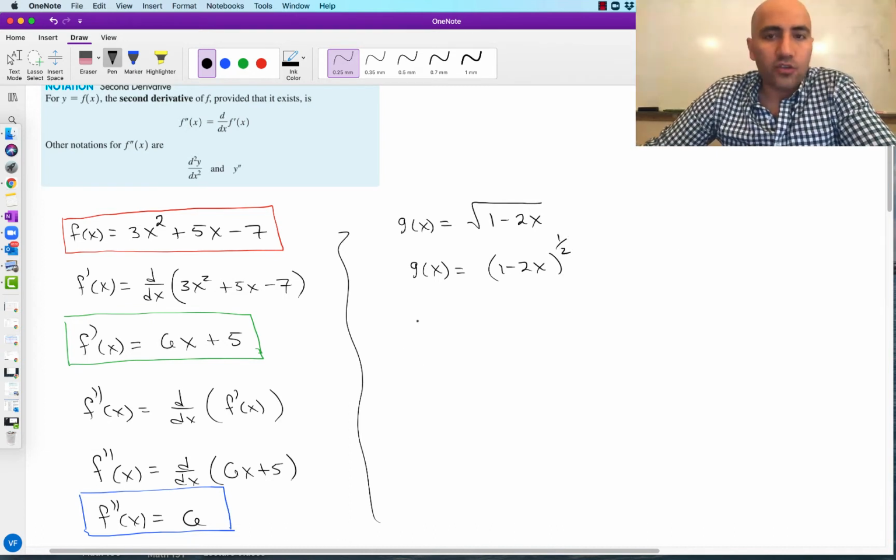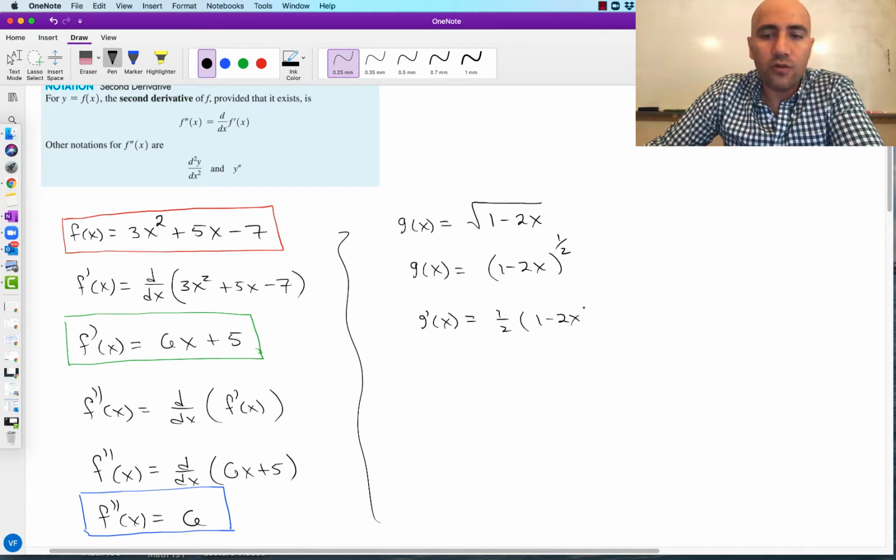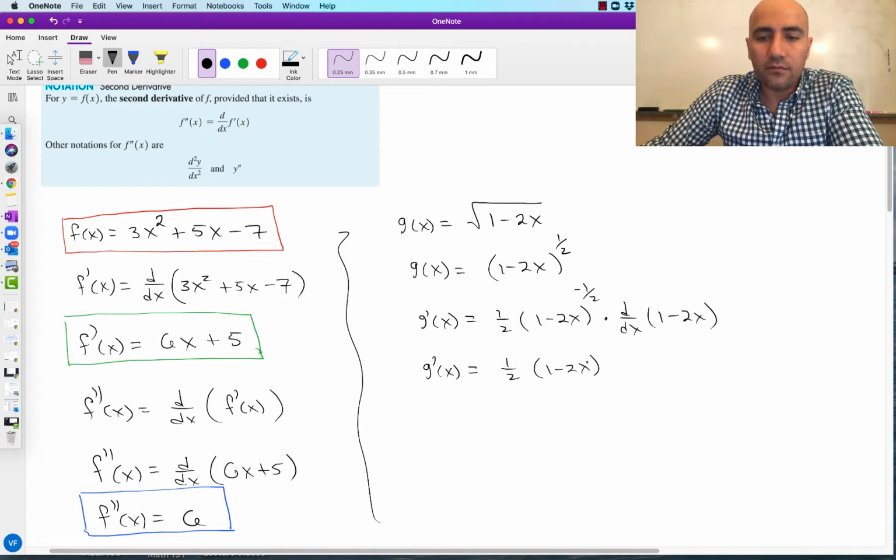And now we know, thanks to the chain rule, that the first derivative, g prime of x, is going to be equal to positive 1/2 times 1 minus 2x to the power of negative 1/2, right? We subtract 1 from the exponent, times the derivative with respect to x of the inside part, which is this 1 minus 2x. And so g prime of x is equal to 1/2 times 1 minus 2x to the power of negative 1/2.